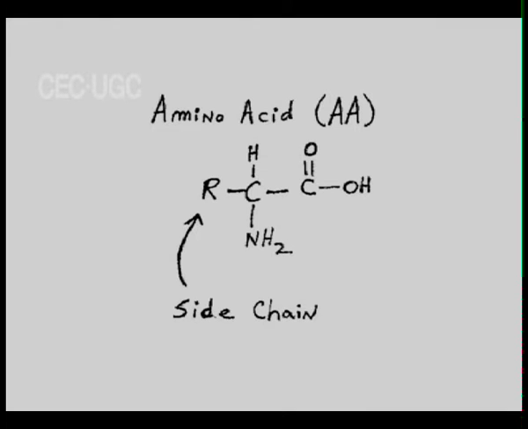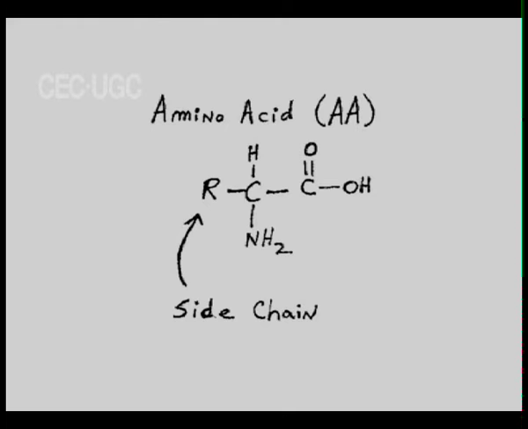The exception is glycine, which is not asymmetric because glycine has only a H as an R group, and since 2 valences hold a H group, it is not an asymmetric carbon atom. Now, this is the basic structure of an amino acid with the amino group or NH2 group, the carboxyl group or COOH group, the H on one valence and the R group or the side chain on the other valence.